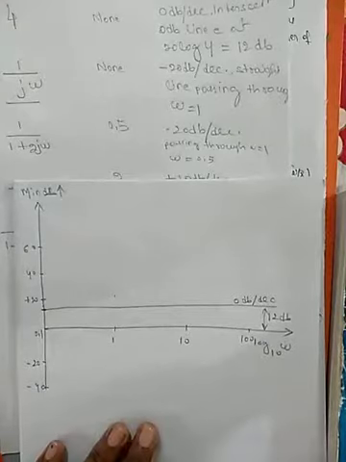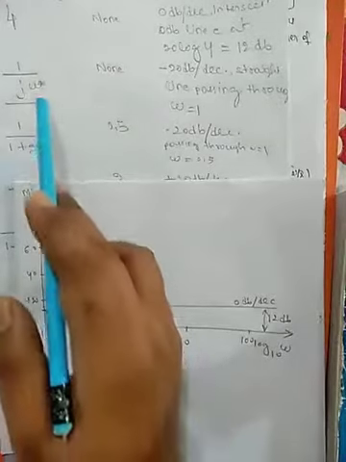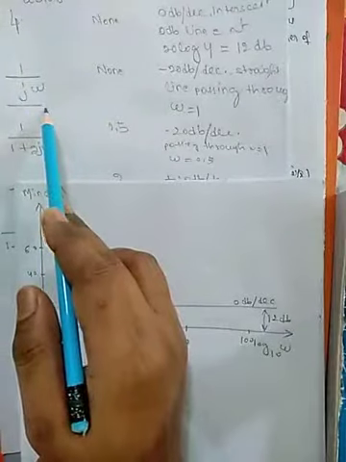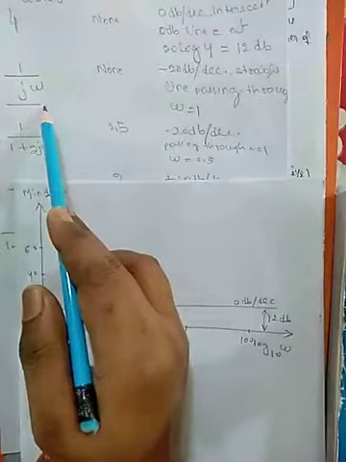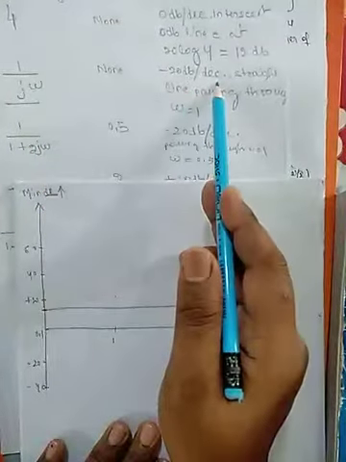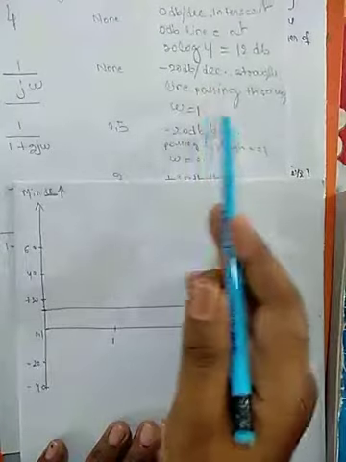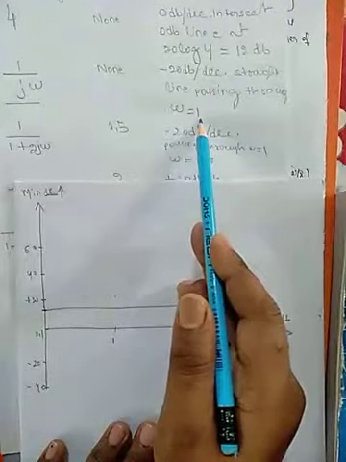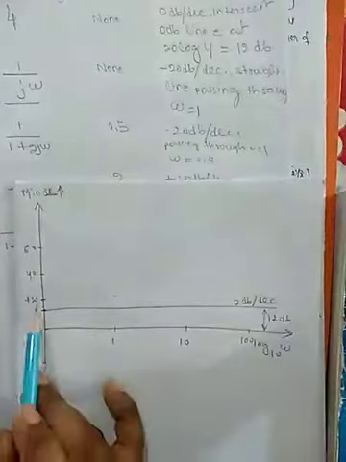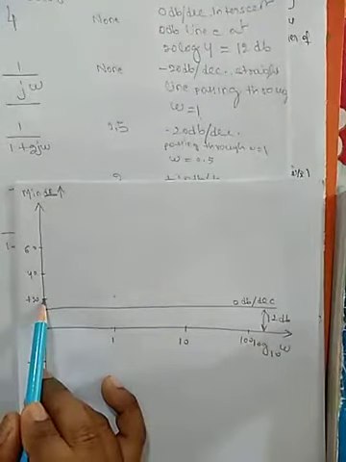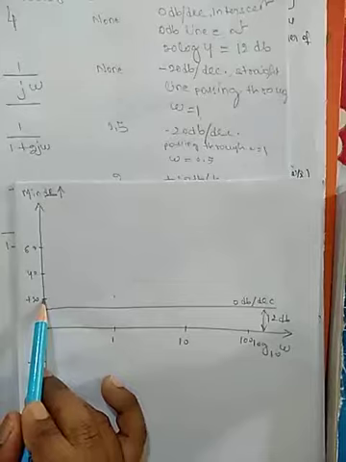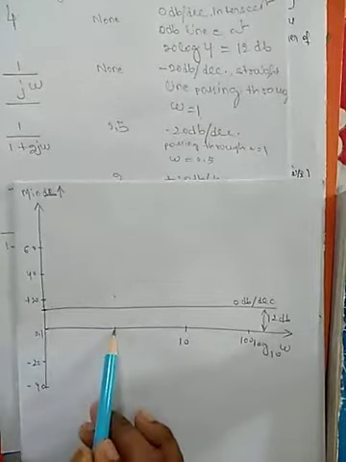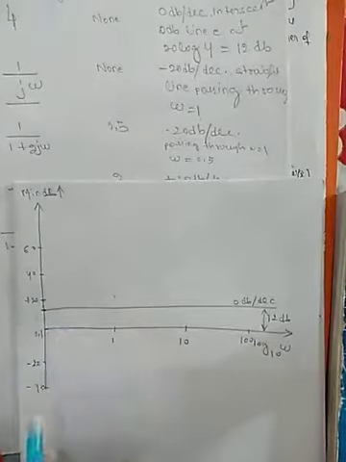Next, the factor 1 by j omega. It is a straight line having the slope of minus 20 dB per decade, passing through omega equal to 1. So from this plus 20 you draw a straight line passing through omega equal to 1.